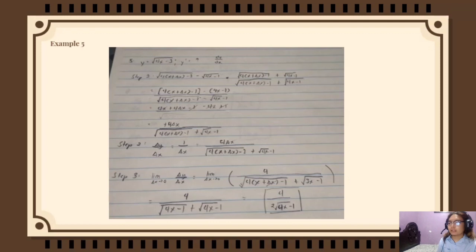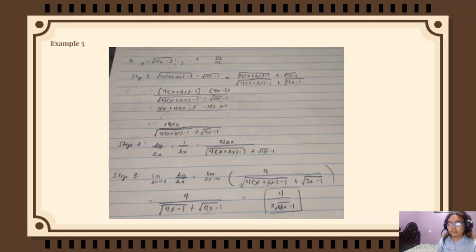Therefore, apply natin in step 3. Paano ba, di ba? Limit of delta y with respect to delta x while delta x approaches 0. So, 4. Di ba makakancel out na tong delta x natin dito?